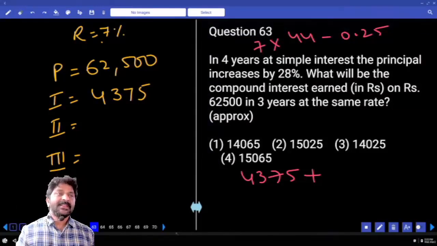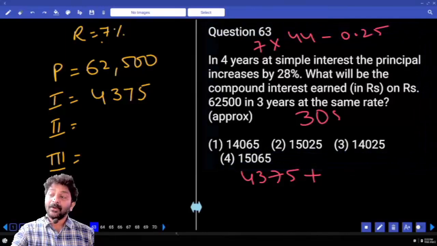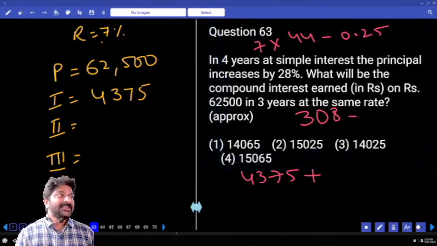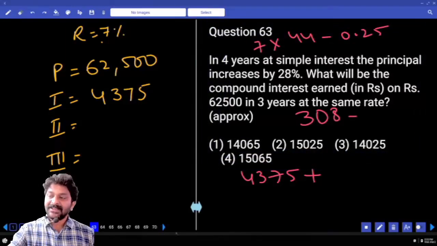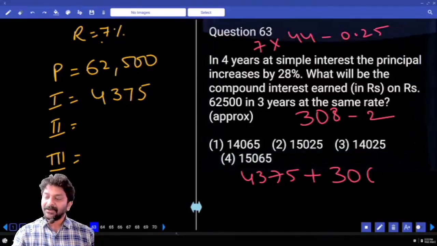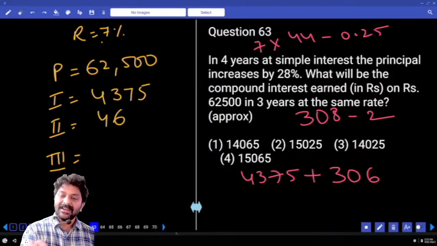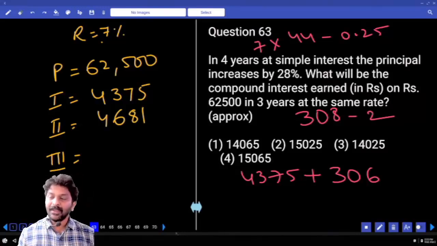Correct? 7 into 44. 7 40s, 280. 4 times 28, 280, 28. 308 minus 7 times of 0.25. That is 1.75 only. Approximately we can subtract 2. Then it becomes 306. Then it becomes 4,681.